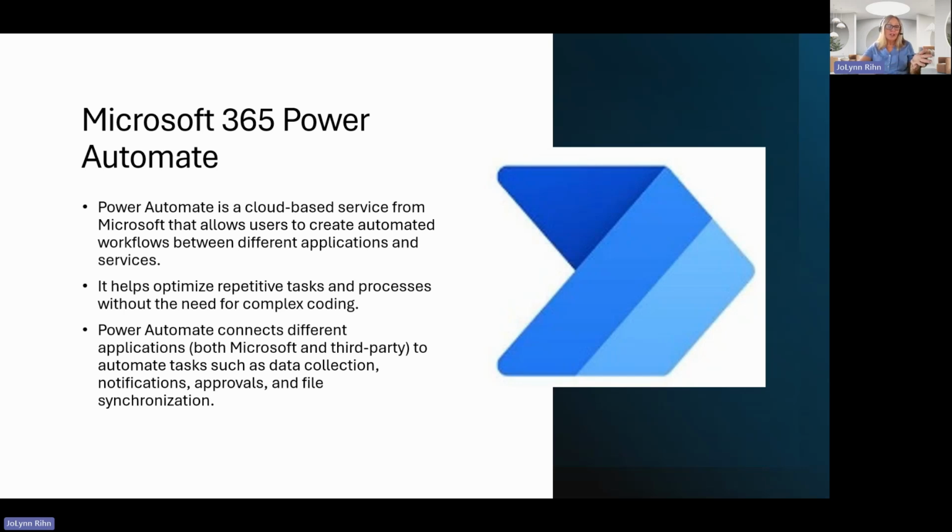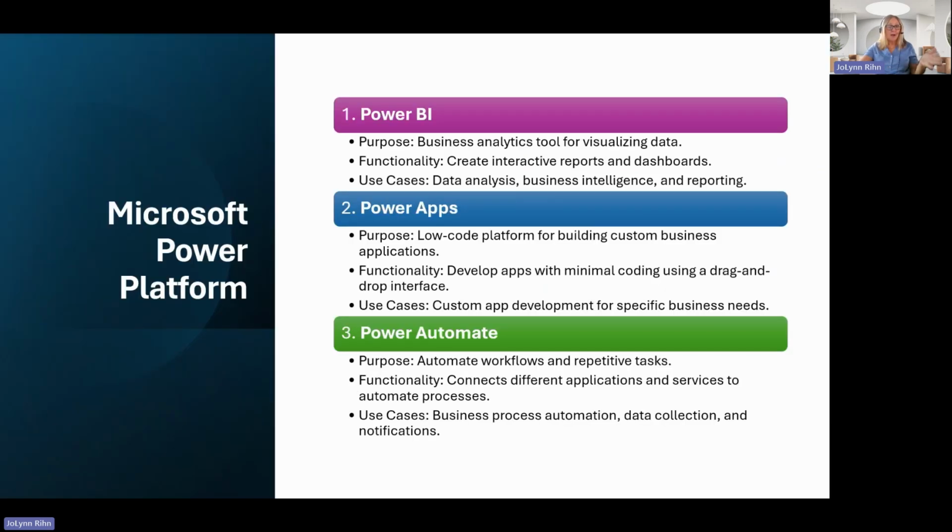But let's talk about what Microsoft Power options you have, because it's a lot of different apps in the Power tools that we have available. Power BI is probably something you've already heard of. We don't cover Power BI today. Different sessions for that.